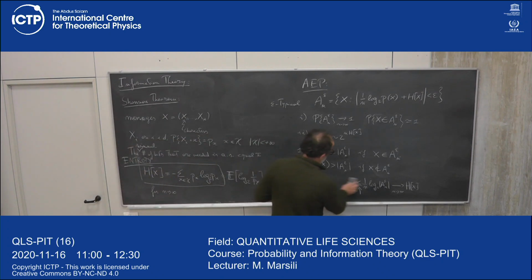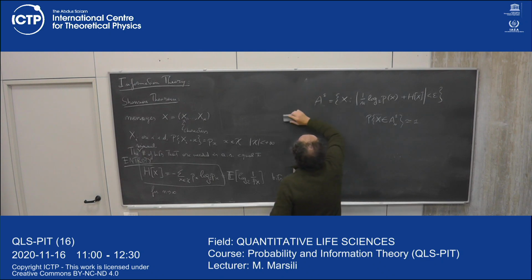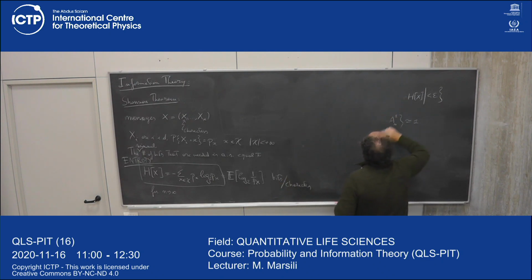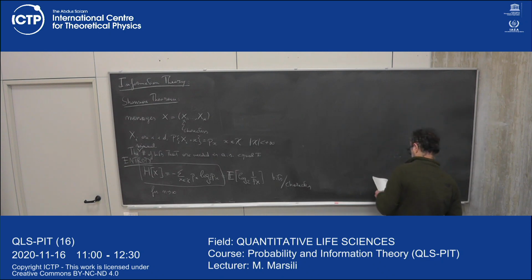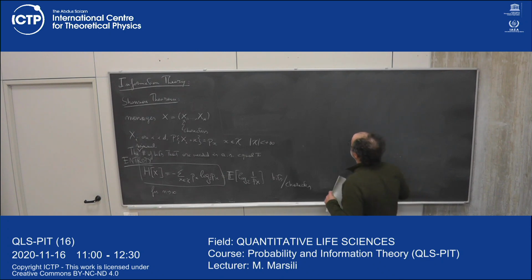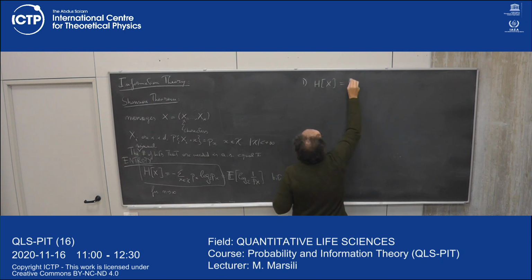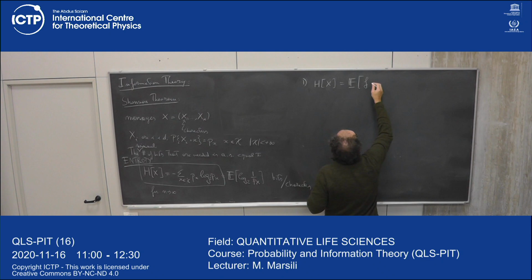There are other ways in which you can show that the entropy is the right measure for information. And one way to do this is based on the following observation. First, as we said, the entropy is an expected value of a function, but it only depends on the probability distribution.